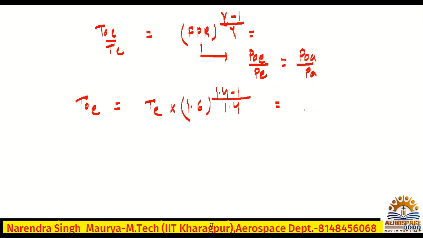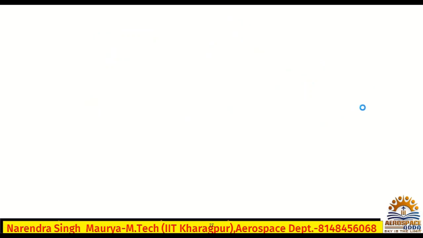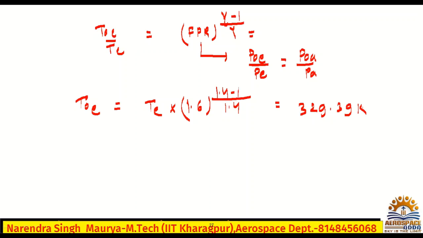How much? 288. So it is nothing but 329.39 Kelvin. Okay. Now you can calculate V exit.